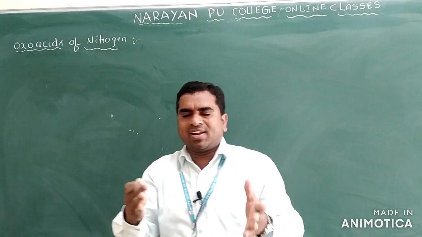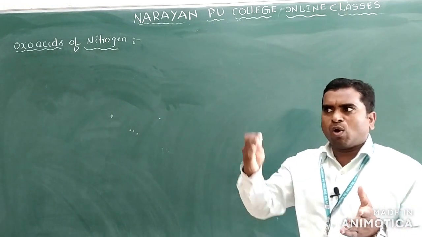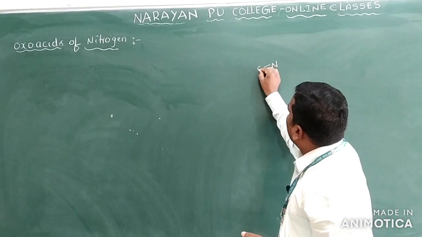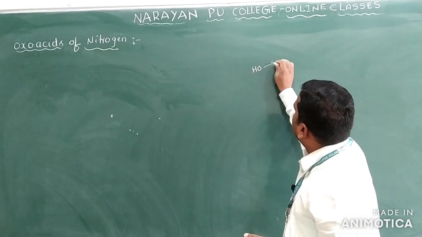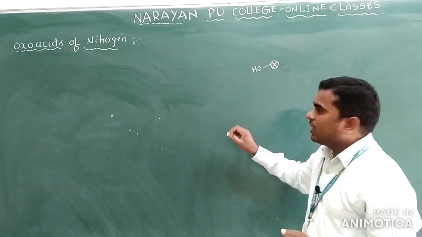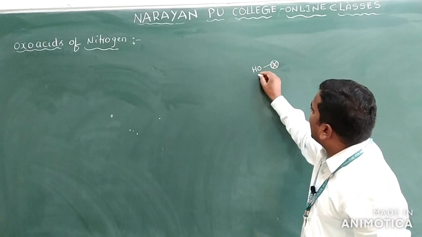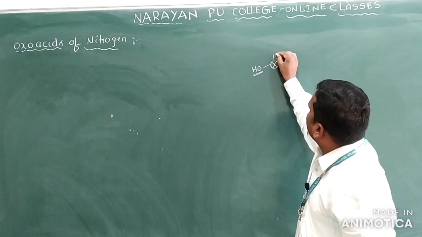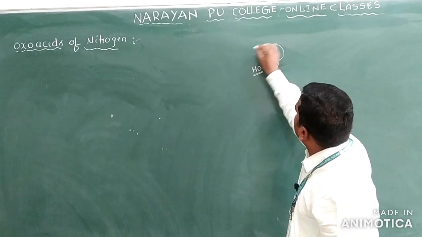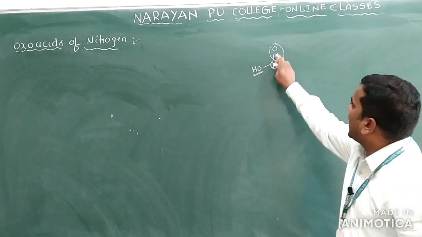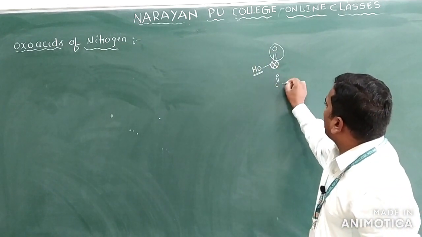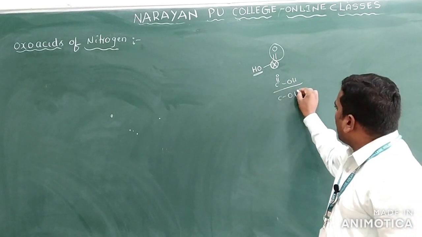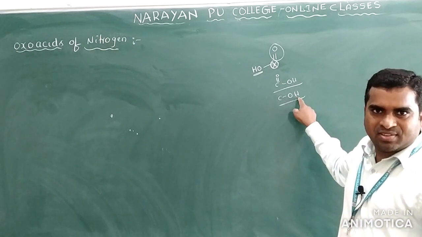It is not a mandatory condition that a double bond O should always be added, but there should be a central atom. If a double bond O is also present, like C double bond O OH, what do we call it? Acid. Or if only OH is there, alcohol.